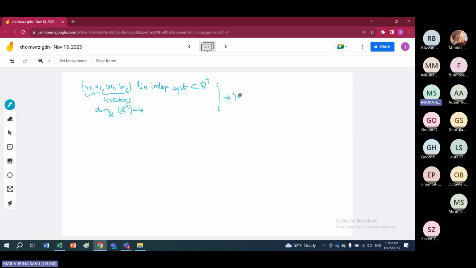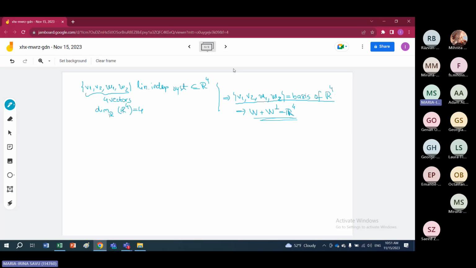So you have that this set is a basis of R4, that is, W plus W perpendicular is R4.